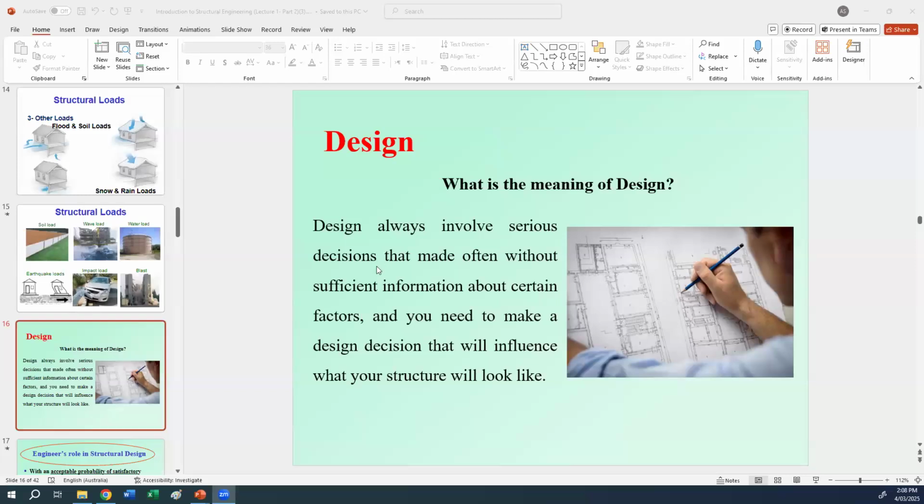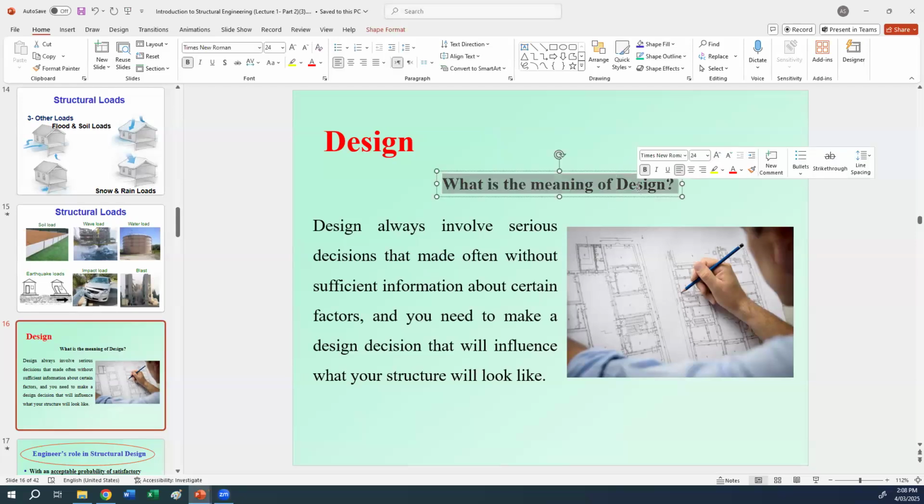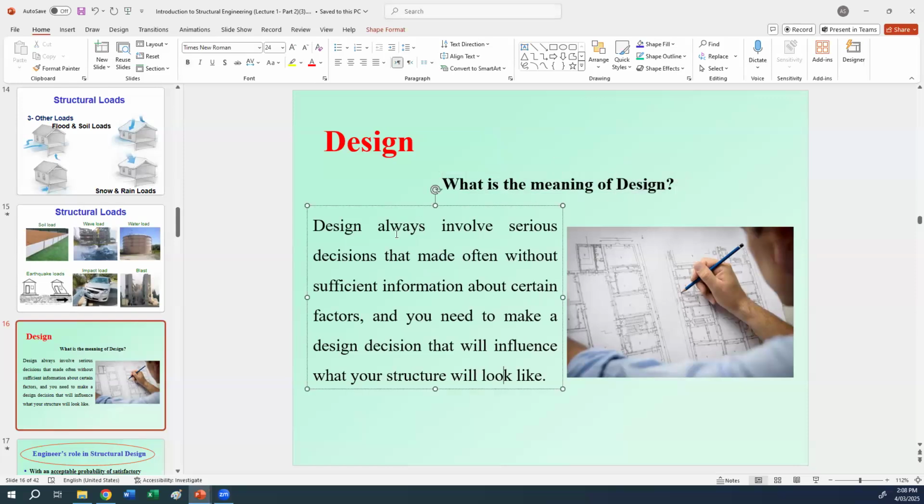After we learn about some examples of loads, now we want to understand the meaning or definition of the term design. Design always involves some serious decisions that are made, often without sufficient information about certain factors, and you need to make a design decision that will influence what the structure will look like.